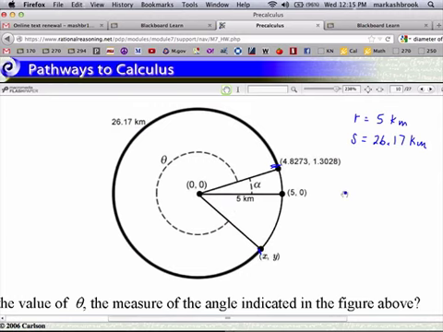What does the value of theta represent? It's the number of radians, that's this angle, but it's also something else. This is the key to answering the question: what other quantity does the value of theta represent besides that angle?